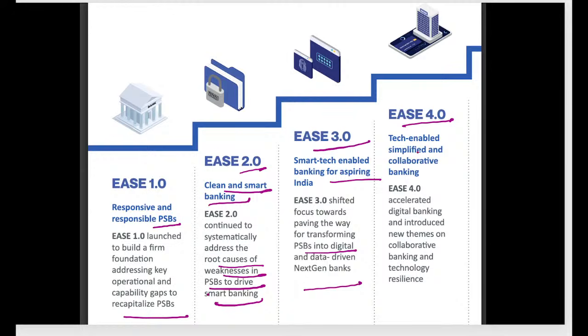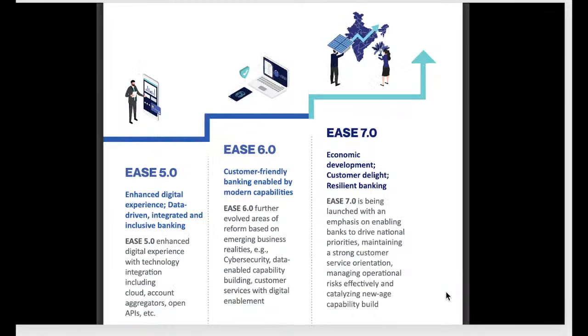Then we have tech embedded, simplified and collaborative banking. The next one, the fifth one, was enhanced digital experience and data driven, integrated and inclusive banking. Sixth one, customer friendly banking.